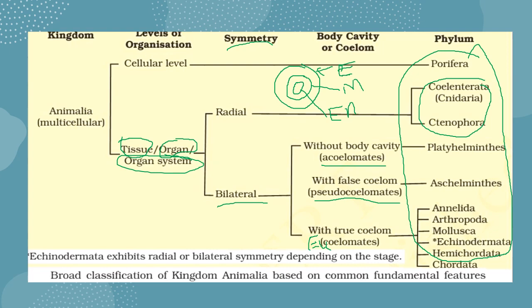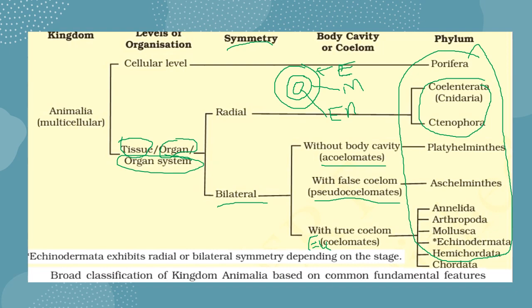Once again, repeating. In a body cavity, we have three layers: endoderm, mesoderm, and ectoderm. Before that, what is a body cavity? It is the cavity present between the internal organ and the outer body.